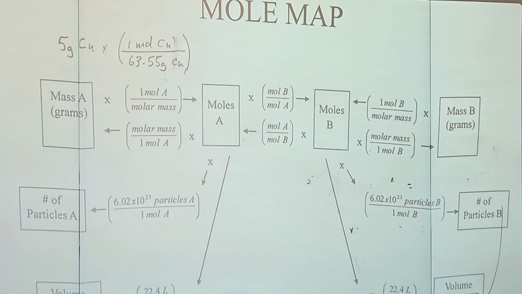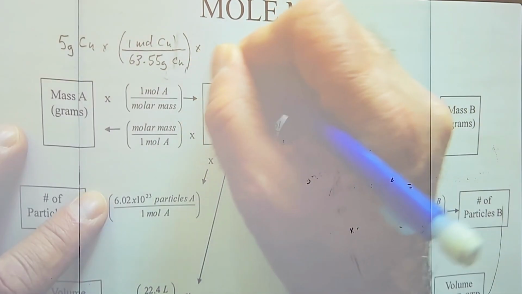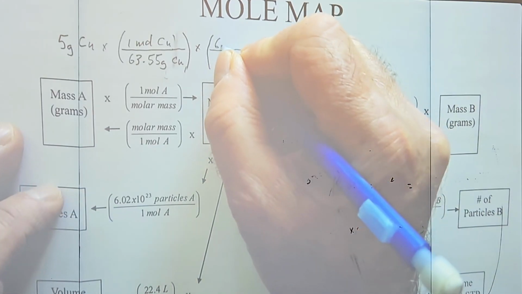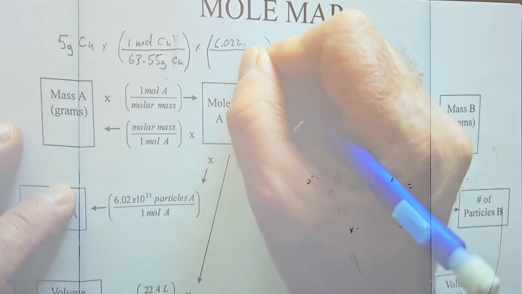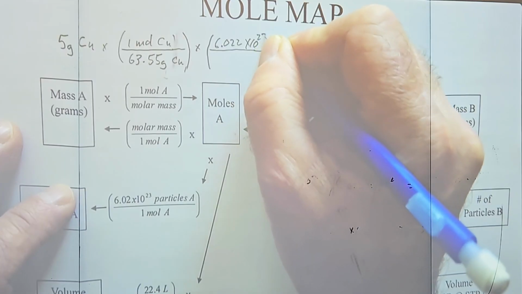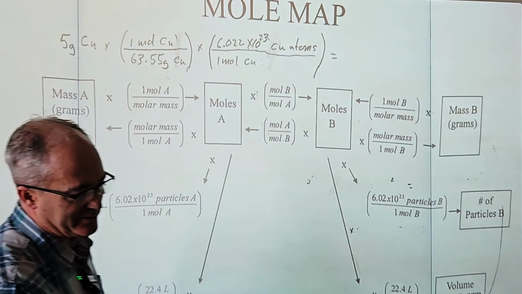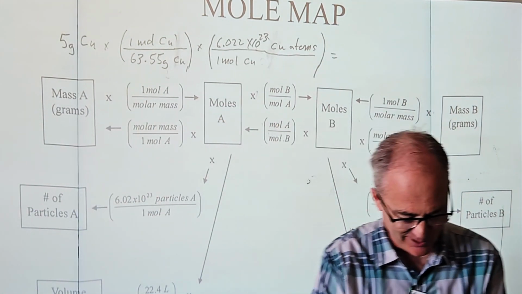If I pull out my calculator right now, I'm going to know moles of copper. If I multiply by another unit factor that says 6.022 times 10 to the 23rd, let's see what that equals. Let's see how many copper atoms are in 5 grams of copper.